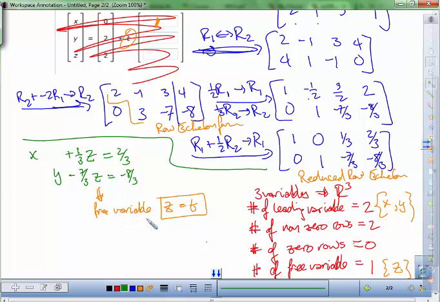So that's the free variable. Then I have x is equal to 2/3 minus 1/3 t over 3. And then my y is going to be negative 8/3 plus 7/3 t.